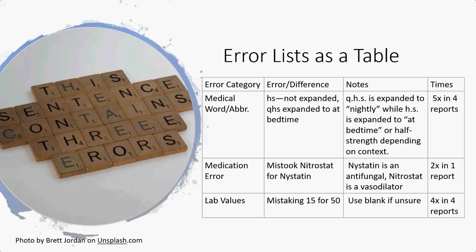And then I like to keep a tally of how many times I come across the same error, because what you can usually do with a lot of programs is highlight a row and move it up or down. So like the lab values down here, you can highlight that and move it ahead of the medication errors so that now I can prioritize this one a little bit more.